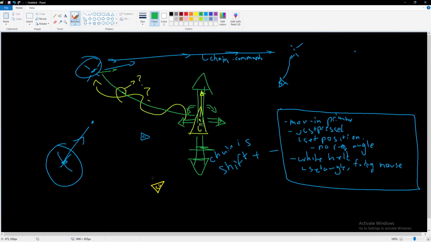We can point this way first, hold W, flip, right? We can flip, reverse our thrust, and then rotate back.